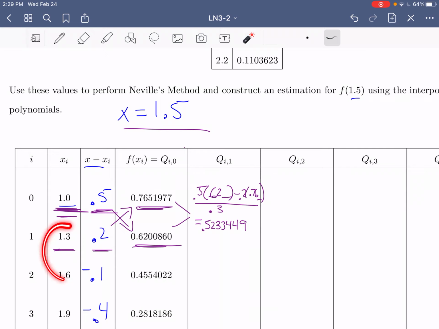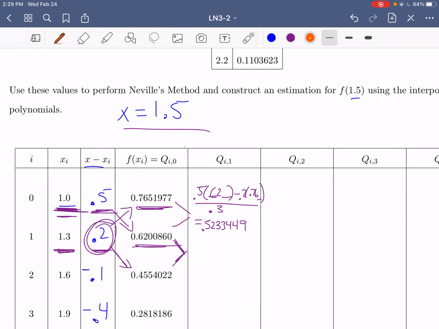However, what if we used these two nodes? Well, if we use those two nodes, we can build it in a very similar fashion. So we can take our difference between 1.5 and the node value of 1.3, and multiply it by this 0.45 business.